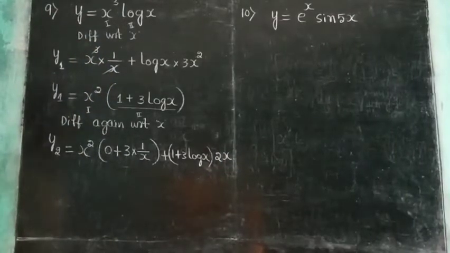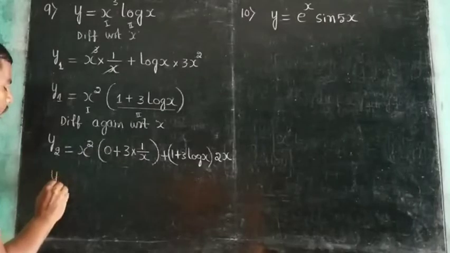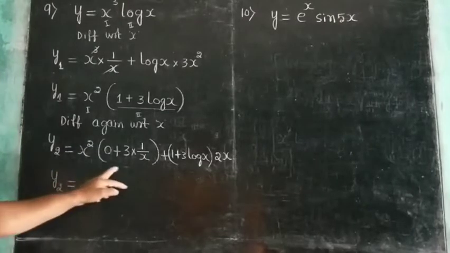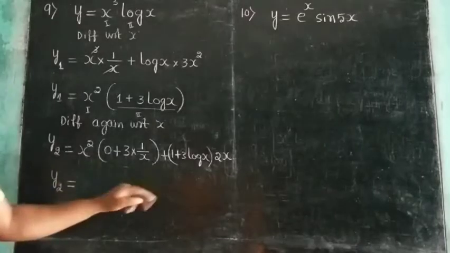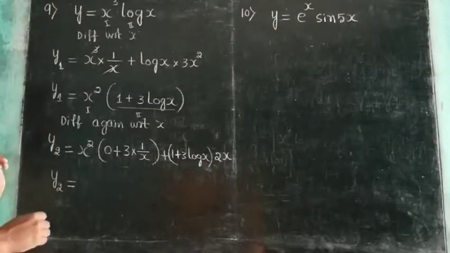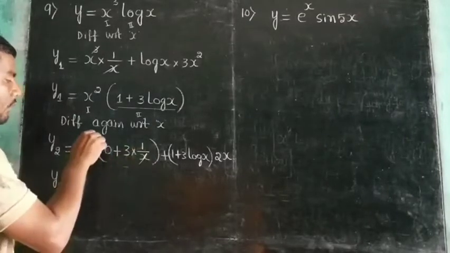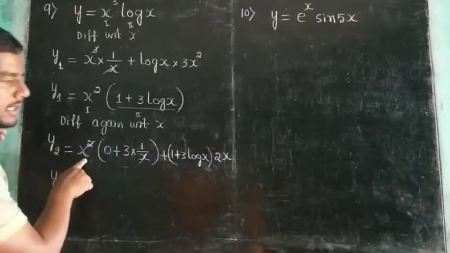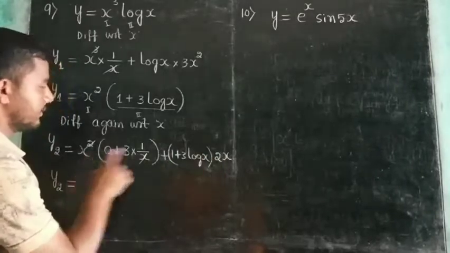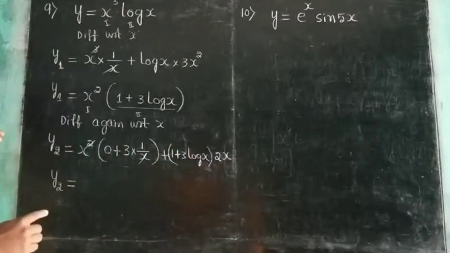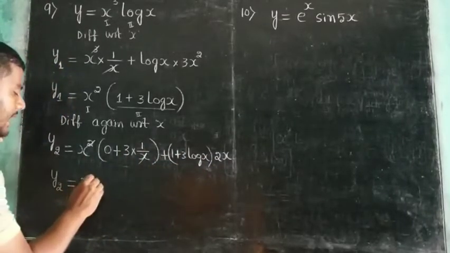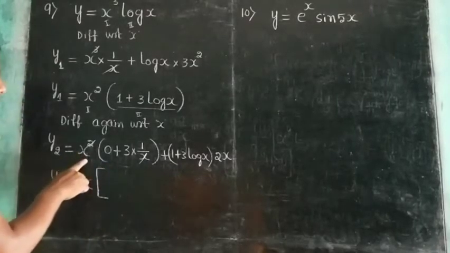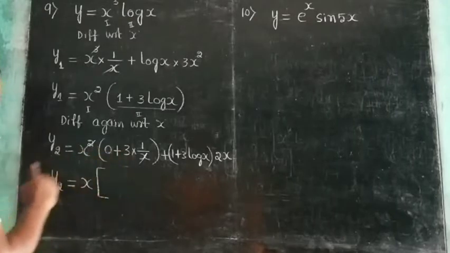And then simplify the answer, that is y2 is equal to, in the first term we have x square, so here one x is cancelled. There will be a 1x and there is an x. So in both the terms we have x. So take x as a common factor. x into 3, that is 3x is there.